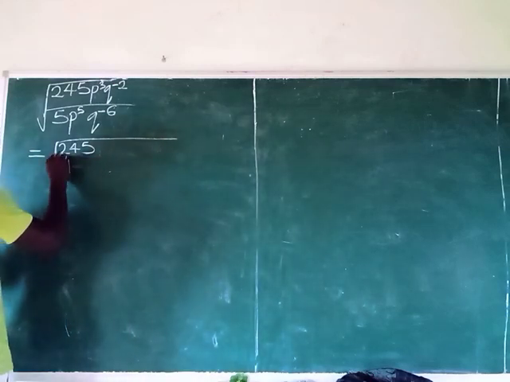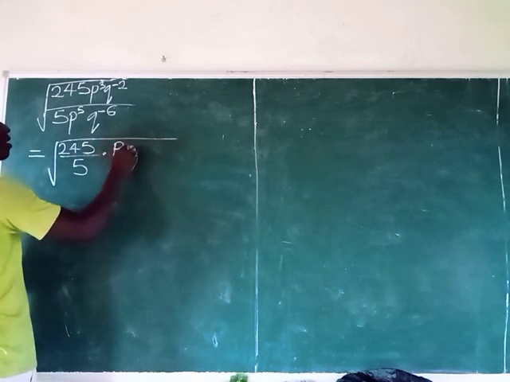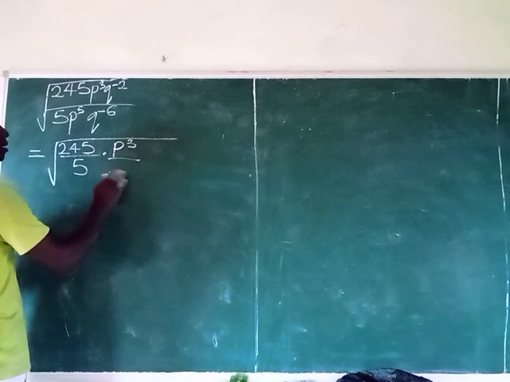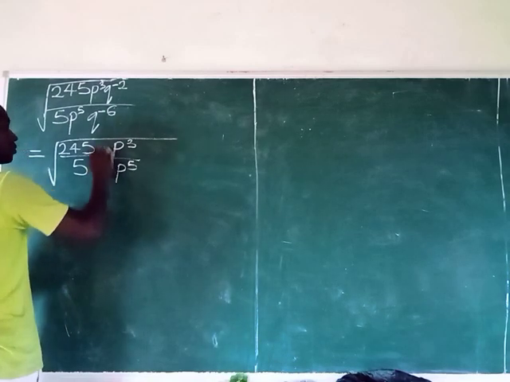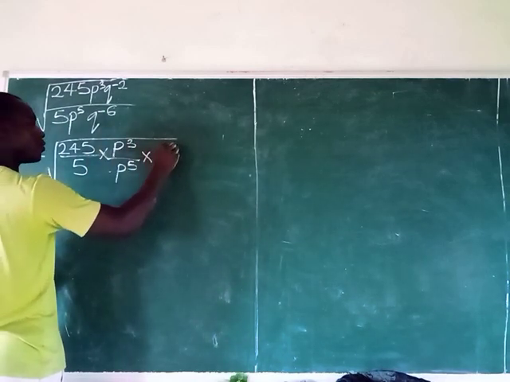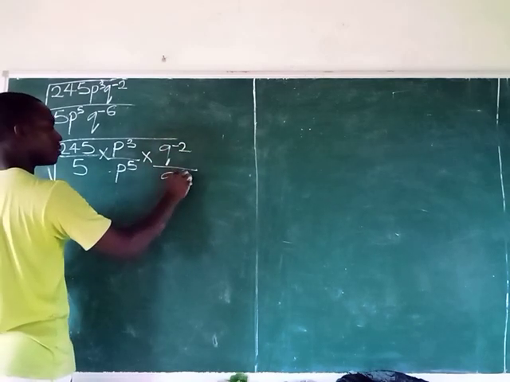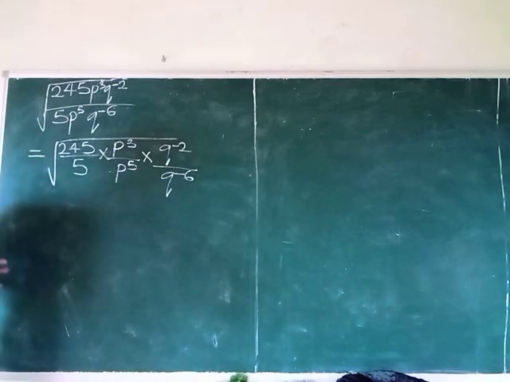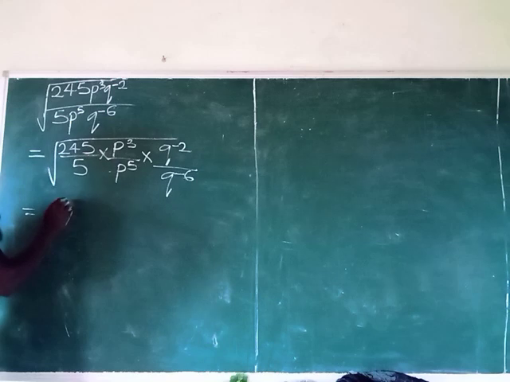We have 245 all over 5 times p raised to the power of 3 over p raised to the power of 5 times q raised to the power of minus 2 over q raised to the power of minus 6. So that means, breaking it down, 245 divided by 5 will give us 49.